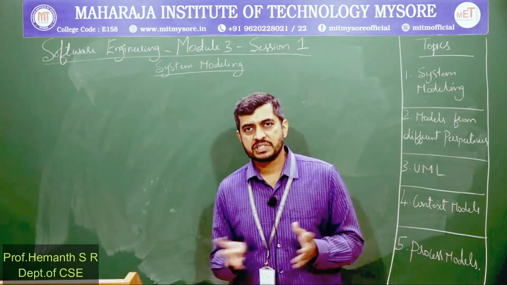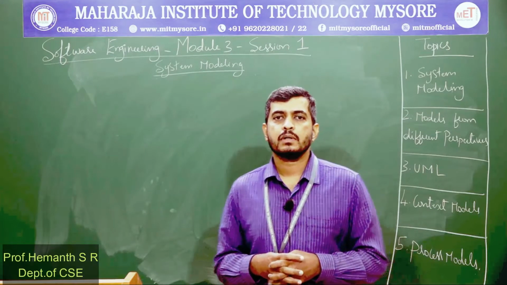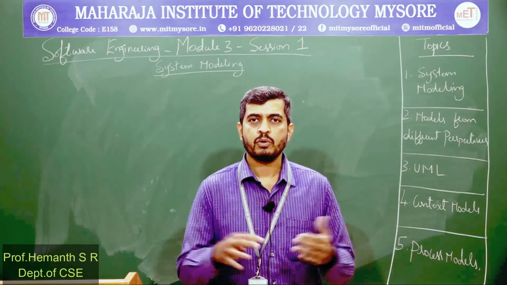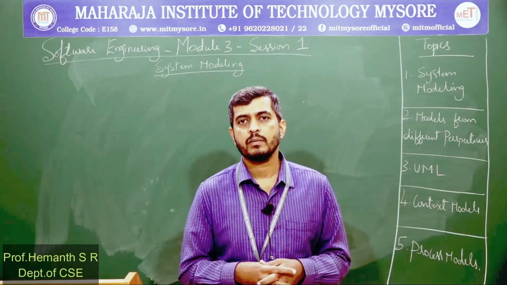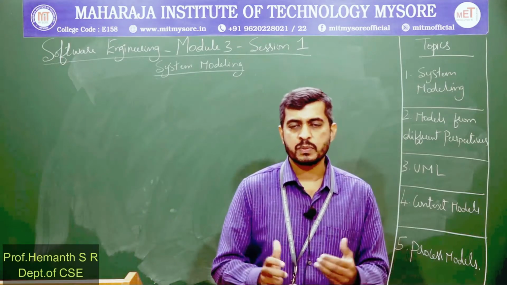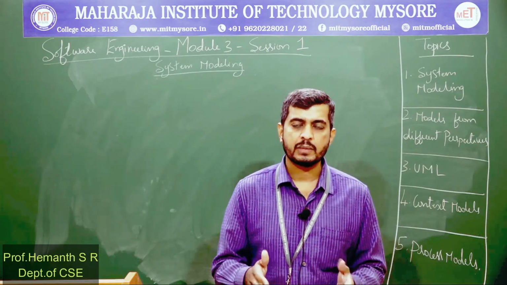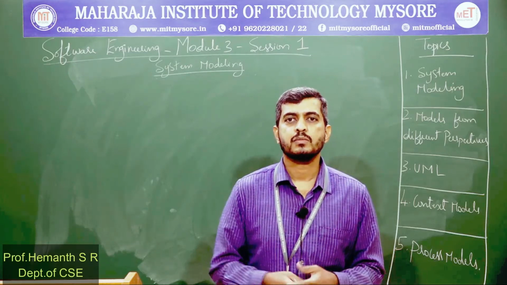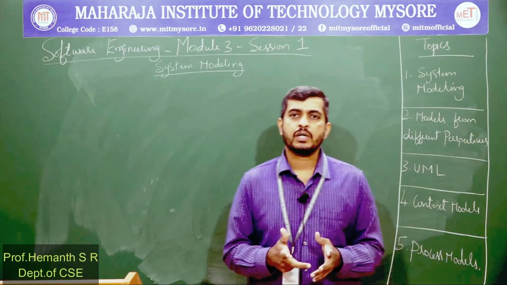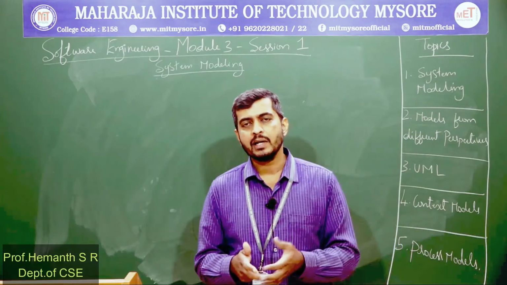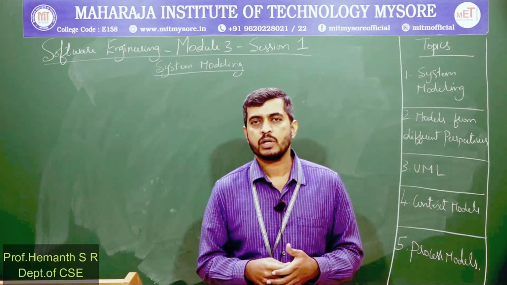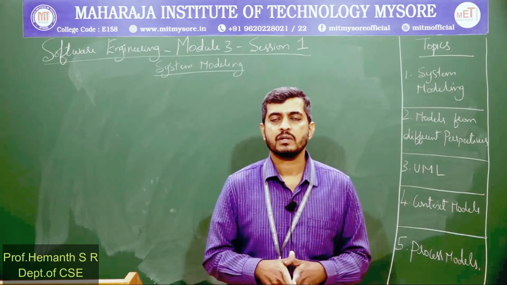So the general usage is that we only construct it at an abstract level, meaning that we handpick a few crucial design aspects of the software and represent them as a system model. Or to put it in other words, we do not go into the detailing of our design plan in the system model. It's only at an abstract level.